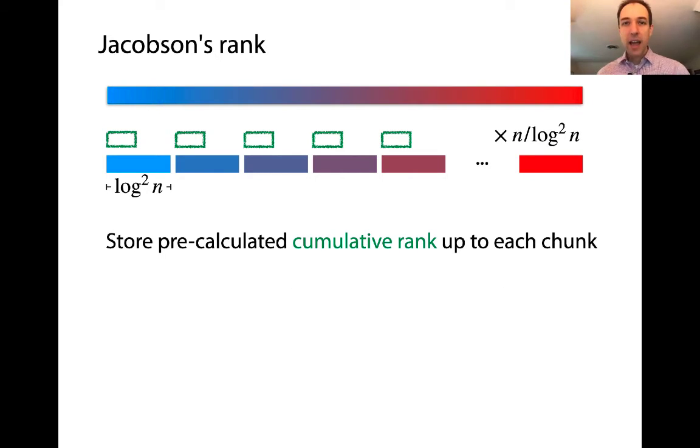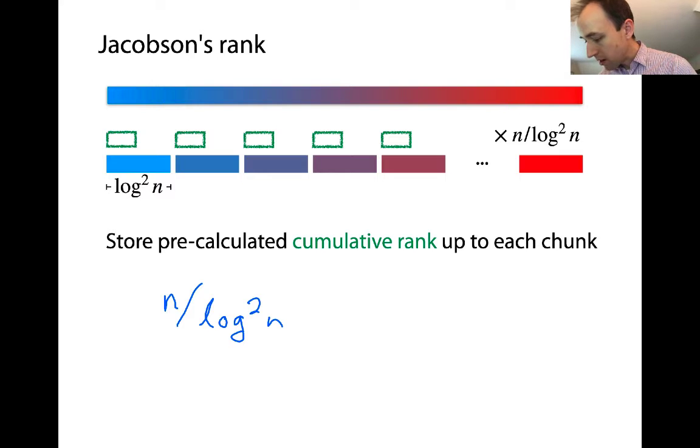And let's think about how big the cumulative ranks are. Well, how many of them are there? I've got n over log squared of n chunks, and I'm storing one of them per chunk. And how much space do I need to store one of these cumulative ranks?